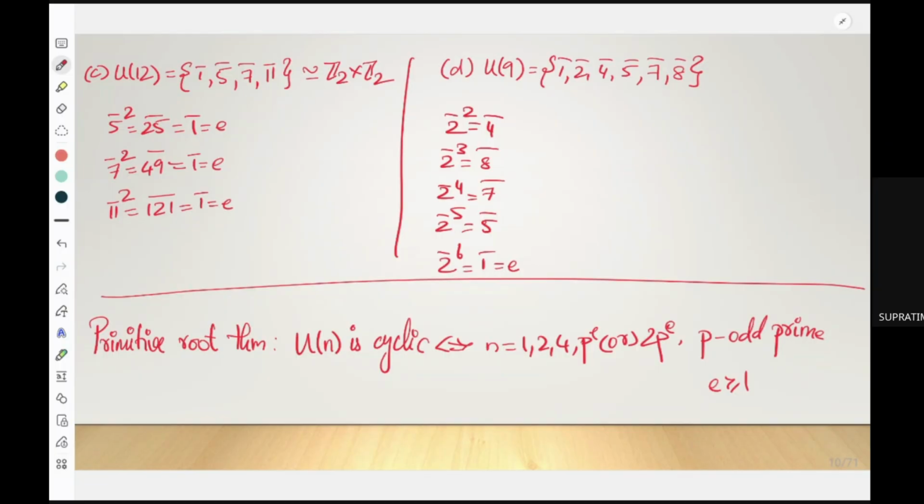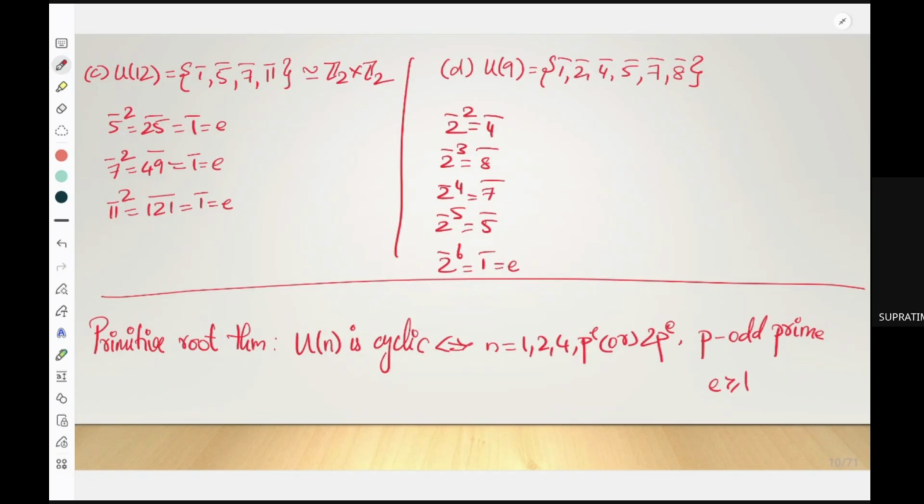Can it be proved using existing facts we have already read? Which is the proof of the primitive root theorem? I didn't prove the primitive root theorem, but you can find the proof in any number theory book. It's actually a number theoretic result.